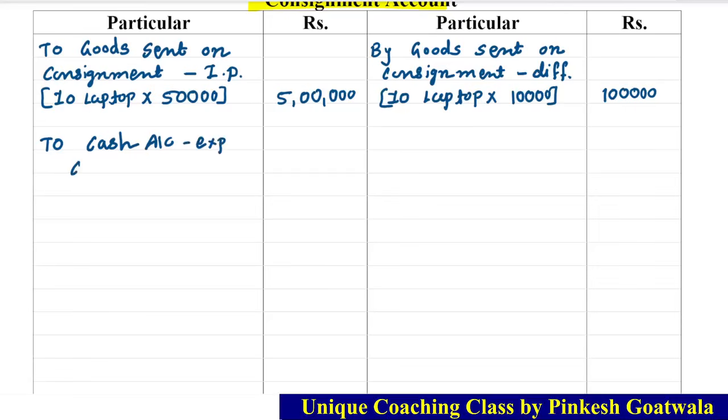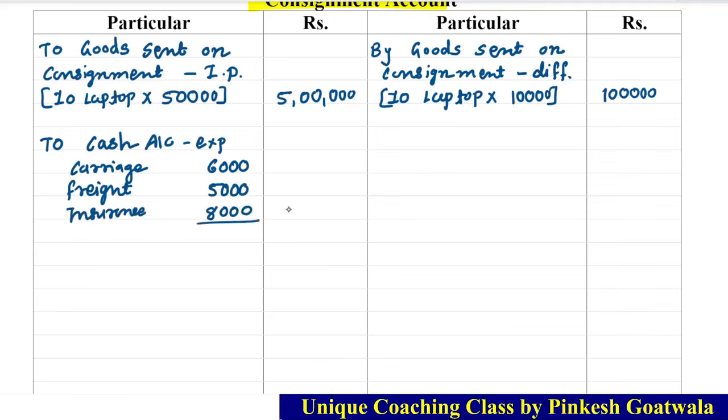First of all, for carriage, 6,000, then freight, 5,000, and insurance, 8,000. Total 90,000.